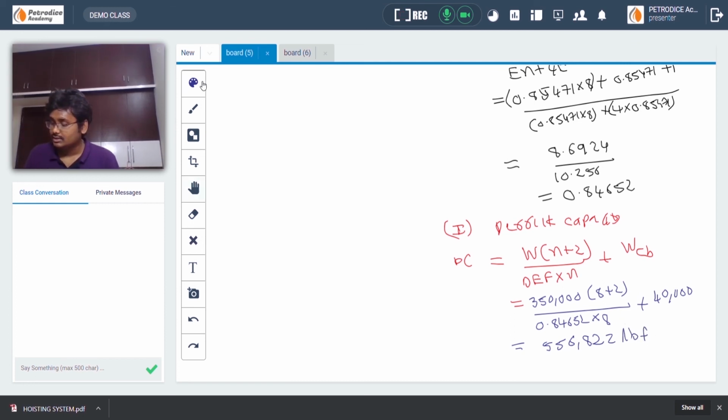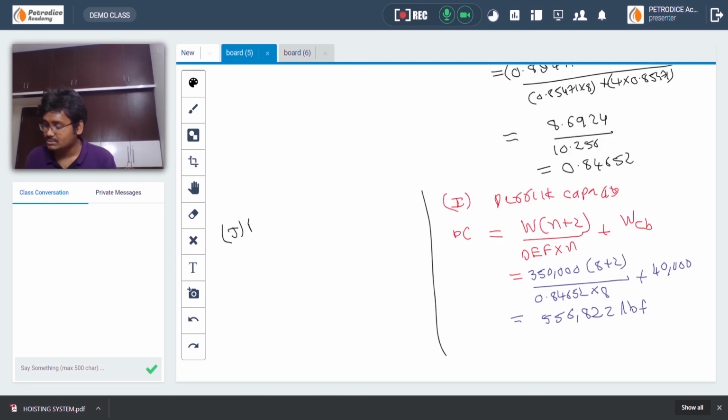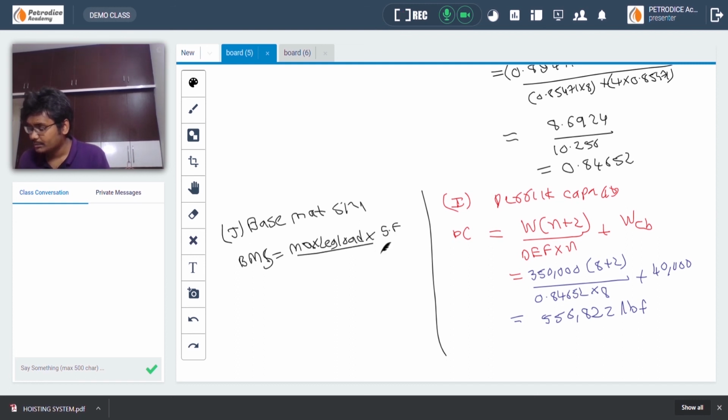Now let us see the J, base mat size, that is BMS. BMS is given by max leg load into safety factor divided by load bearing capacity of soil.